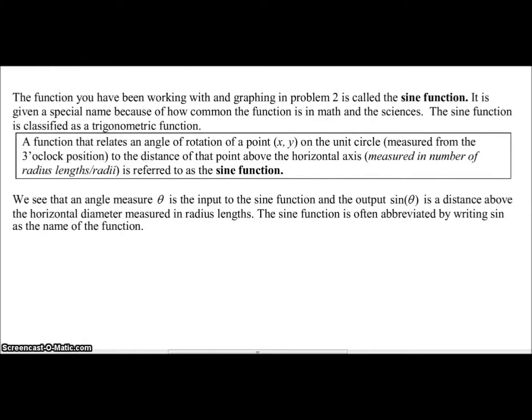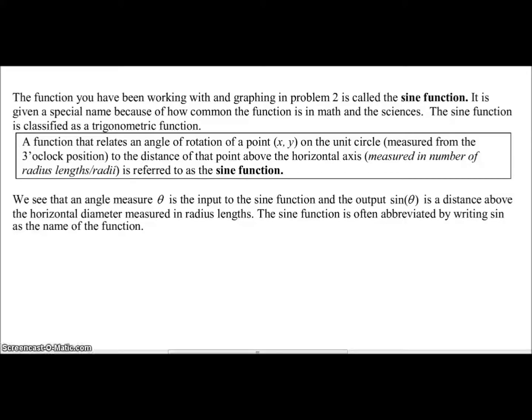The function you have been working with and graphing in problem 2 is called the sine function. It is given a special name because of how common the function is in math and the sciences. The sine function is classified as a trigonometric function.